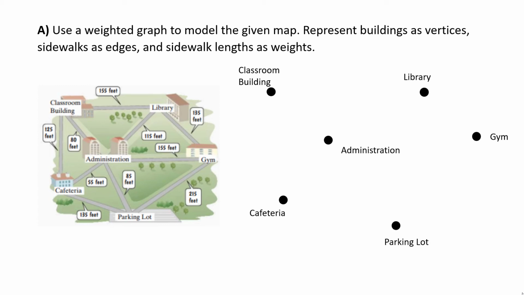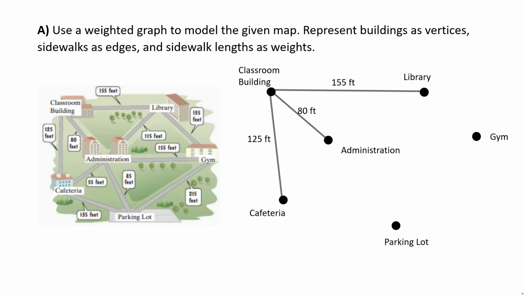Now we need to connect the sidewalks, those will be our edges. From the classroom building to the library, it's 155 feet. From the classroom building to the administration, that's 80 feet. From the classroom building to the cafeteria, that's 125 feet.